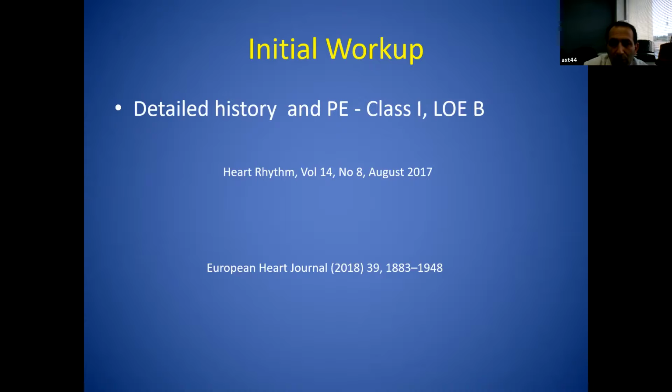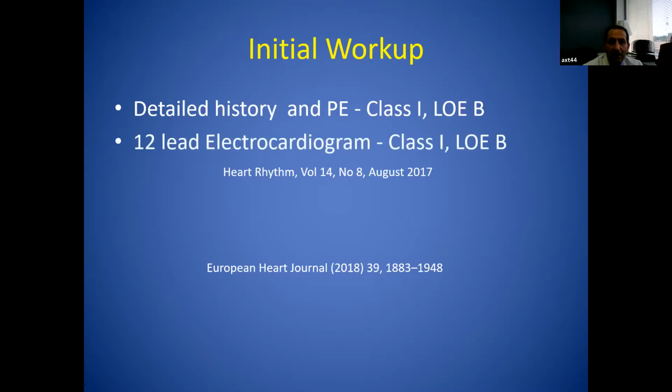For the most part, you should be practicing based on class 1 and class 2A recommendations. Sometimes I dip into class 2B recommendations, and obviously I try to never use a class 3 recommendation because that's contraindicated. So detailed history and physical exam is a class 1 recommendation.